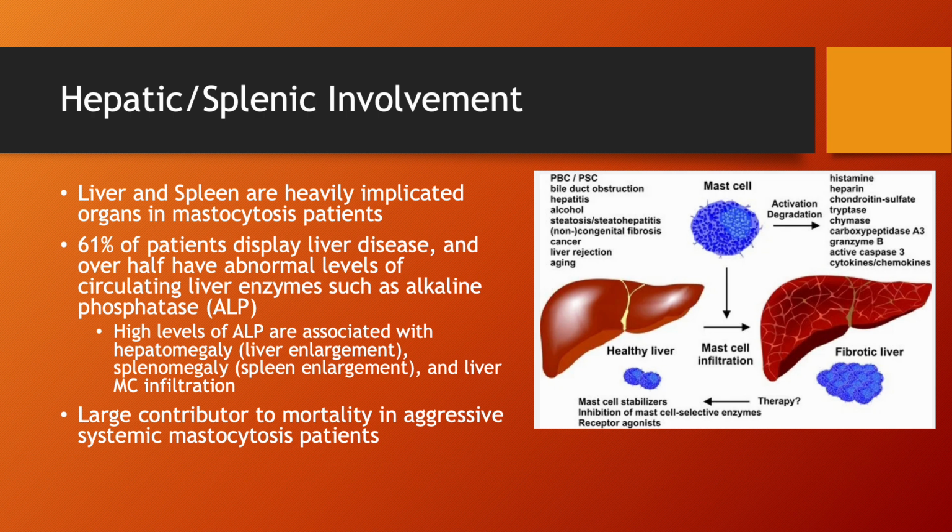So this is a large contributor to when mastocytosis becomes very aggressive and potentially fatal. So often if it's just the skin or the GI system, you're not going to see as much mortality. But when you get those really severe cases, it's going to often be these bigger organs that are involved.